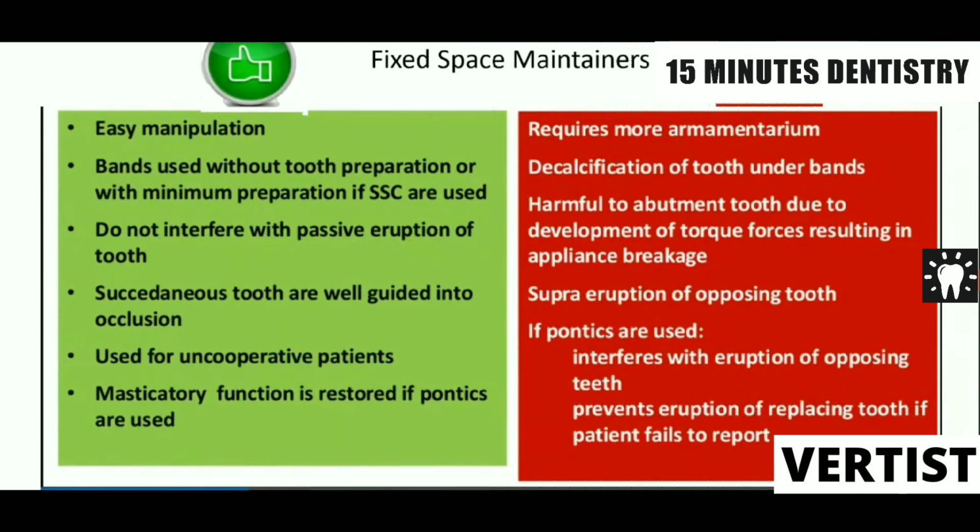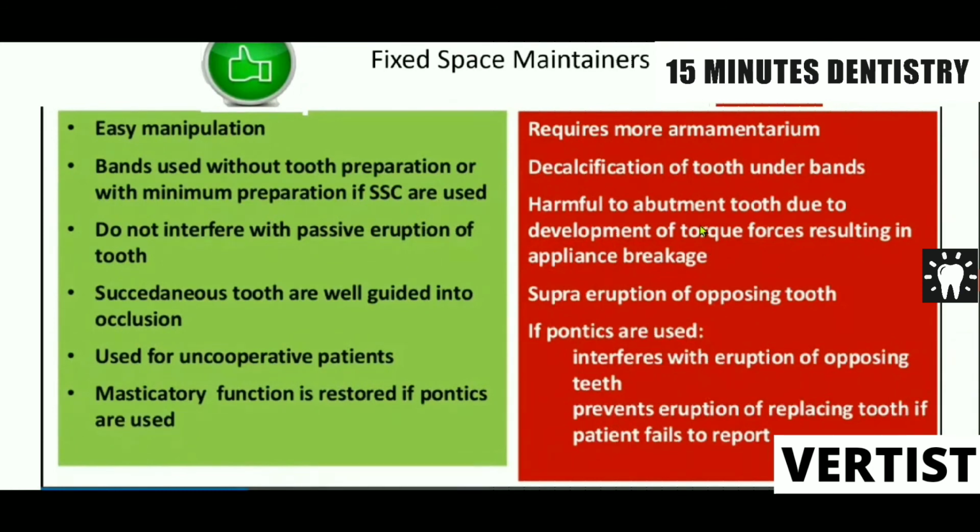The negative points about fixed space maintainers are that they require more armamentarium. There are chances of decalcification of teeth under the band. Then there are chances of development of torque forces resulting in appliance breakage, which leads to trauma to the abutment tooth if by chance the appliance breaks.